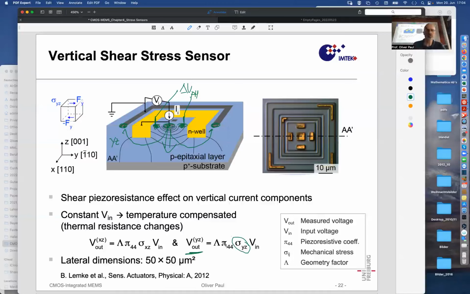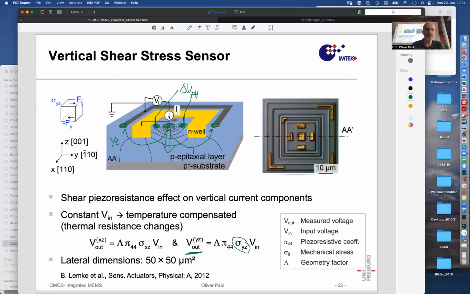and then the relevant shear stress piezoresistive coefficient, which is the coefficient pi44 in that plane. So you may have to calculate the pi44 in that plane, depending on the orientation of the structure in the crystal coordinates.